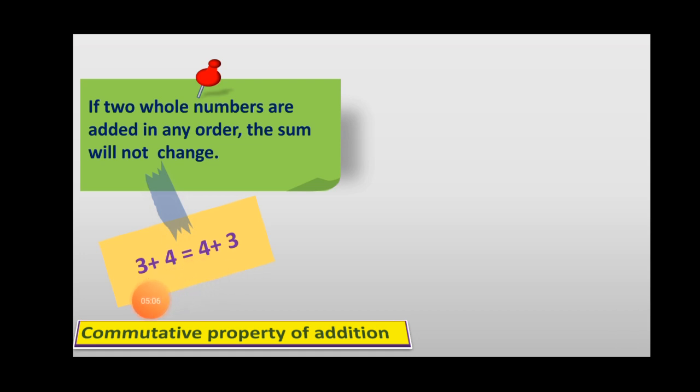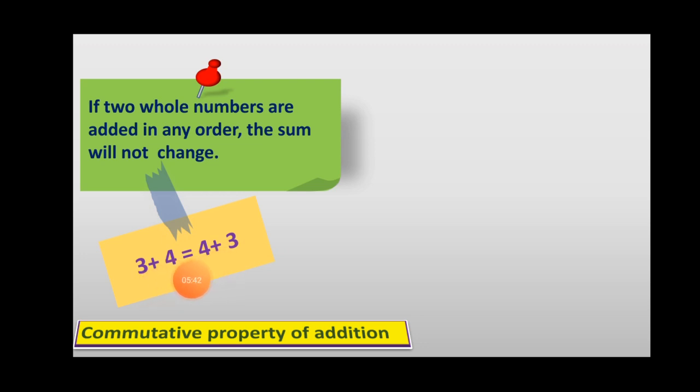When I talk about the left hand side, you can see the first whole number I have taken as 3 and the next whole number I have taken as 4, and when I obtain their sum I get 7. Now if I talk about the right hand side, the first number is the second number from the left hand side, and the next number in my right hand side was the first number in my left hand side.